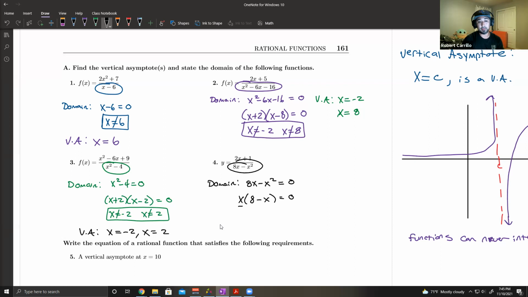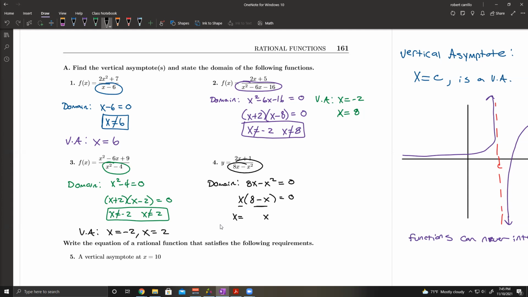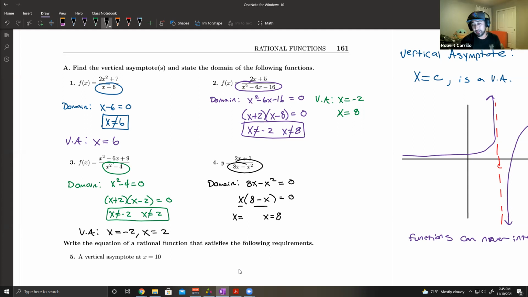Now, set both of these equal to 0, and what are my 2 answers? If that's 8 minus x, then it's going to be x equals +8, just like you said. So 8 equals x, or x equals 8.